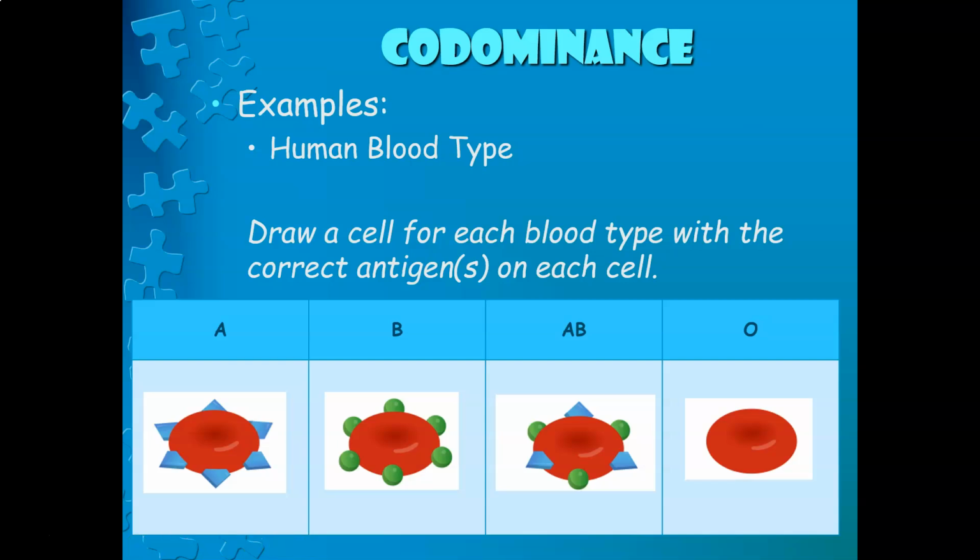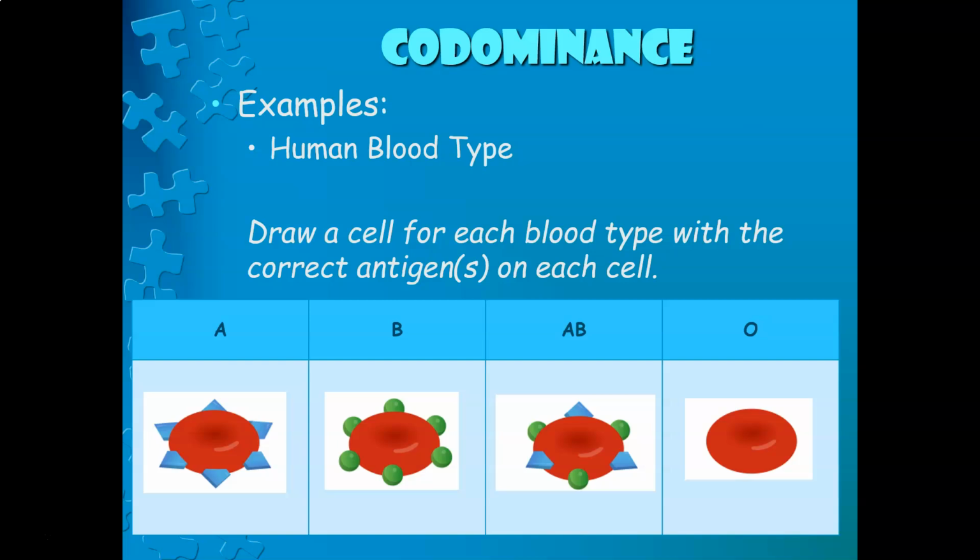Another great example of codominance is your human blood typing. So let's take a second and really talk about how blood typing works. When we talk about your blood type, we're talking about antigens or these surface markers on your cells. Specifically with blood typing, they're on your red blood cells.